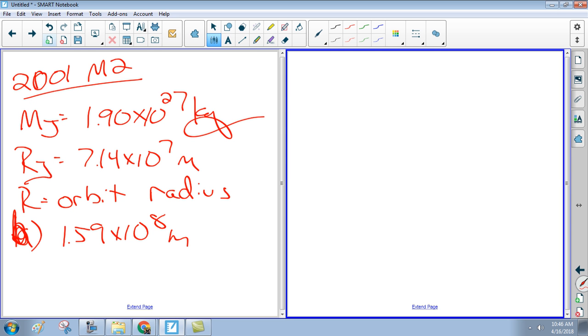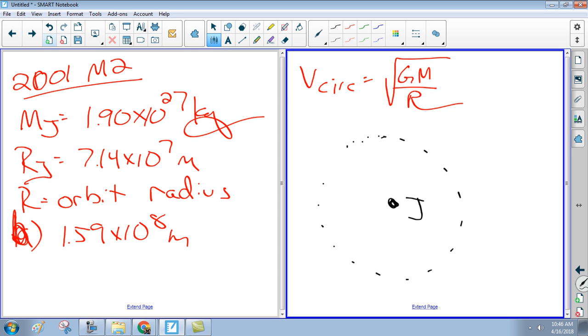So here's the deal. Just a minute ago, you found that equation for V circular, right? And you found that V circ was the square root of GM over R, right? Okay? So the idea is you've got this satellite. Here's the center of Jupiter. Here's the orbit I'm trying to achieve. That is meant to be a perfect circle. Follow?